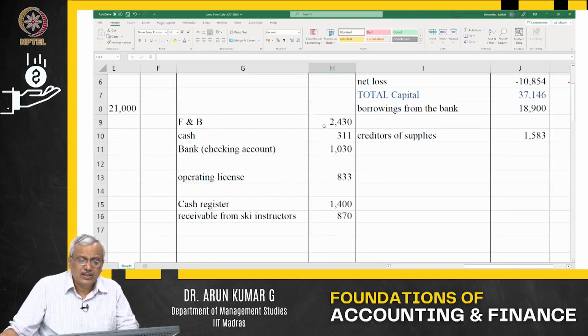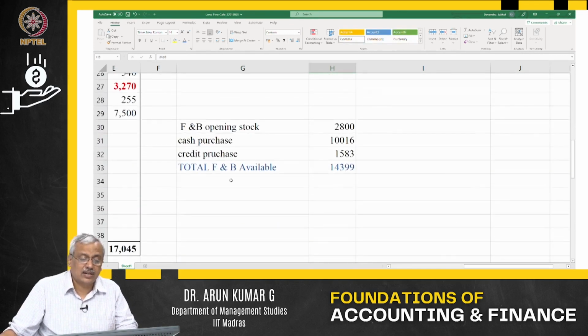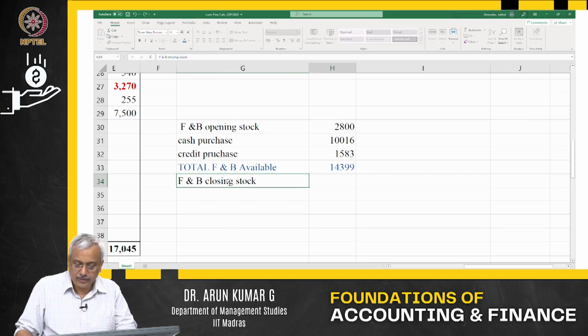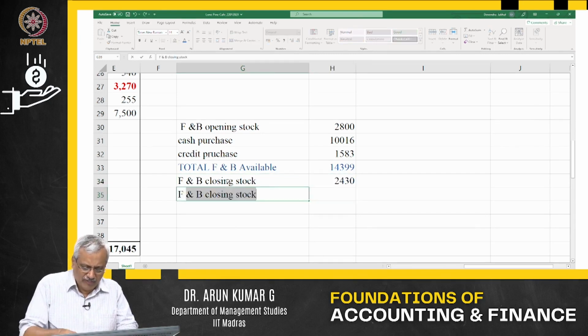And you have a closing stock on 30th of March, you still had $2,430 worth of food and beverage. That is F&B closing stock. That means what is the F&B consumed?